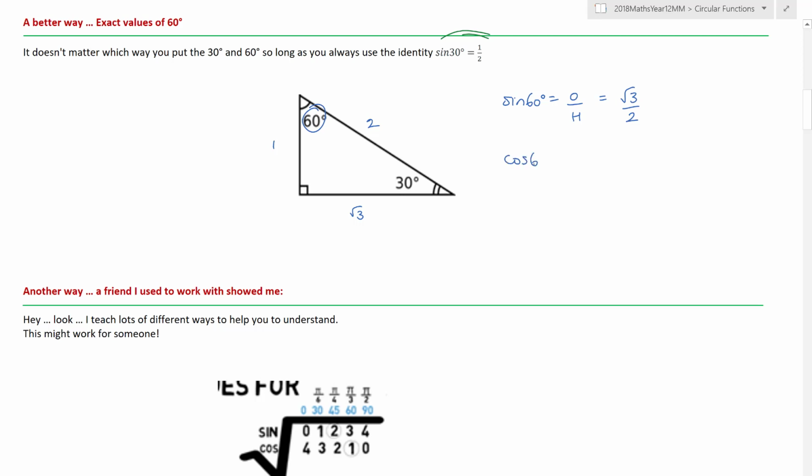The cosine of 60 degrees is given by the adjacent over the hypotenuse, which is 1 over 2, and the tan of 60 degrees, which is the opposite over the adjacent, is root 3 on 1, which is just root 3. So much easier than doing what I had to do, learn tables.